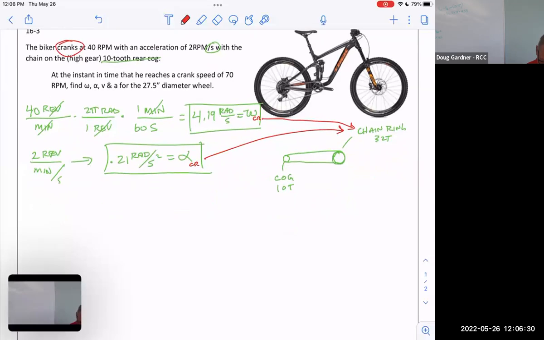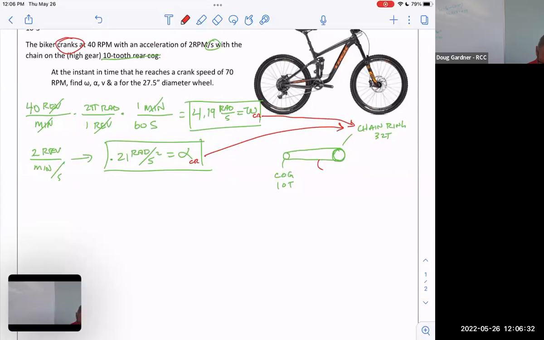So could we convert that omega to the velocity? Could we convert that rotational speed to a velocity of the chain? Well, didn't we say velocity of the chain was equal to omega multiplied by r?